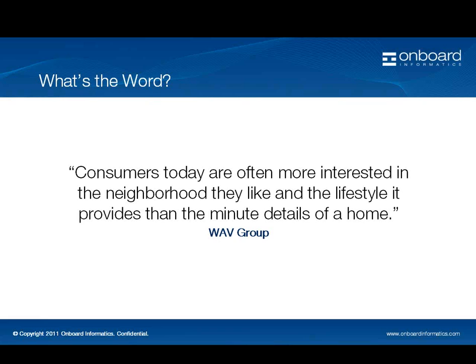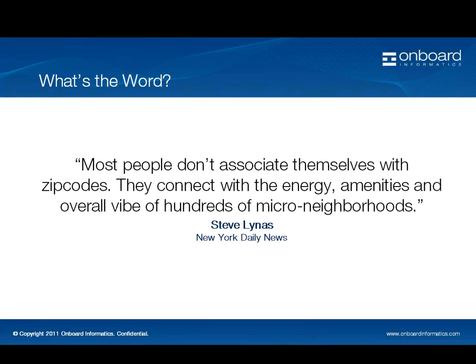So here again, lifestyle is extremely important outside of just the price of a home and the beds and baths. This is especially relevant in urban areas or even in large metro areas, places with suburbs, things like that.